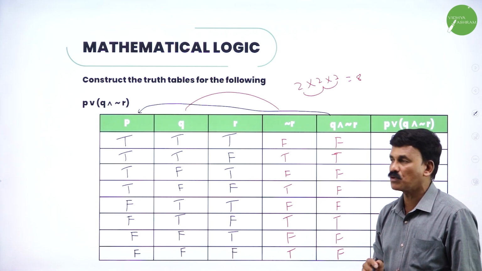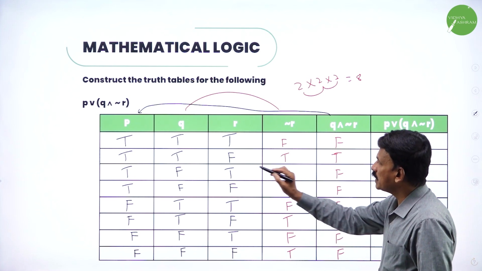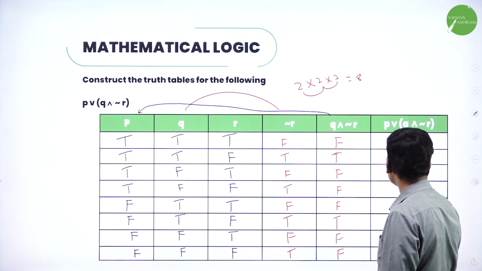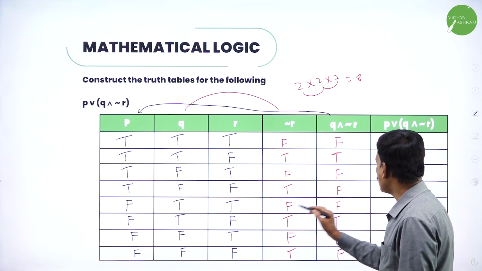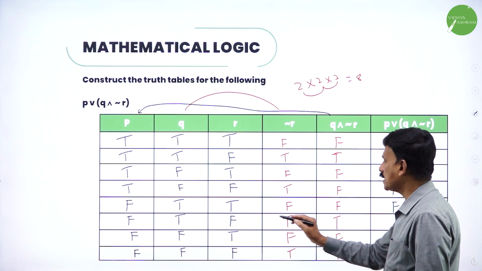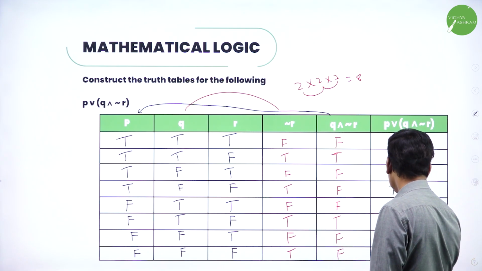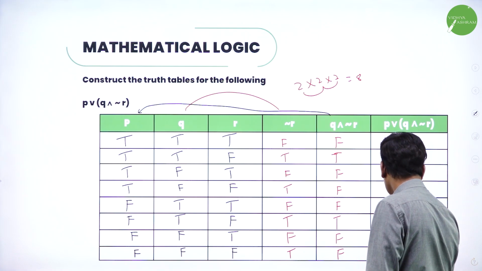So, true and false is true. Again, true and true is also true. True and false is also true. Again, true and false is also true. False and false is false. Again, false and true is also true. False and false is false. Again, false and false is false.